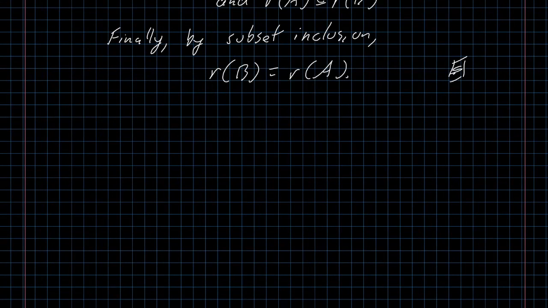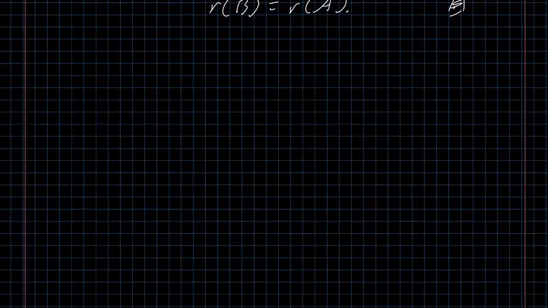Where are you going to see the need for row equivalent matrices to have the same row space? Well, you're going to see that need when we try to prove this theorem.